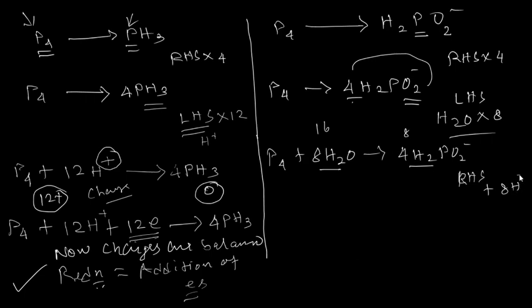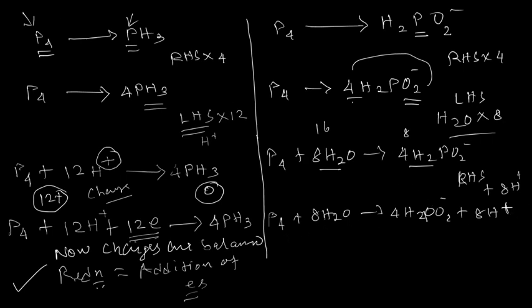So adding 8 H plus ions on the RHS side: P4 plus 8 H2O gives 4 H2PO2 minus plus 8 H plus. So this is the reaction, and now finally we have to balance the charge with electrons.